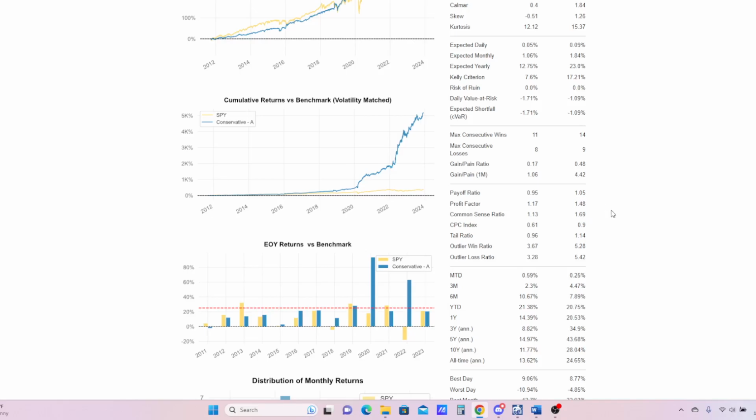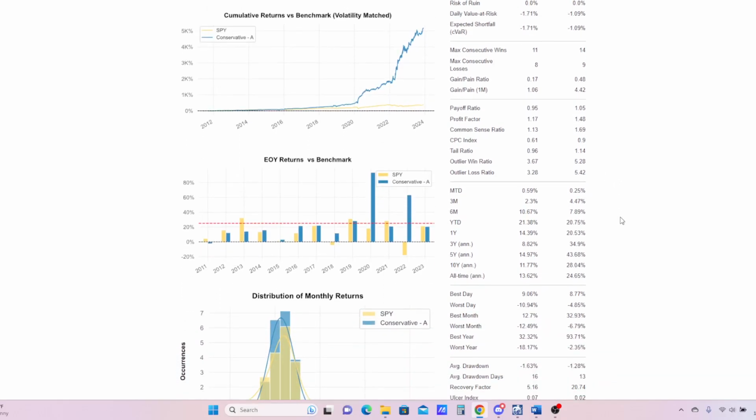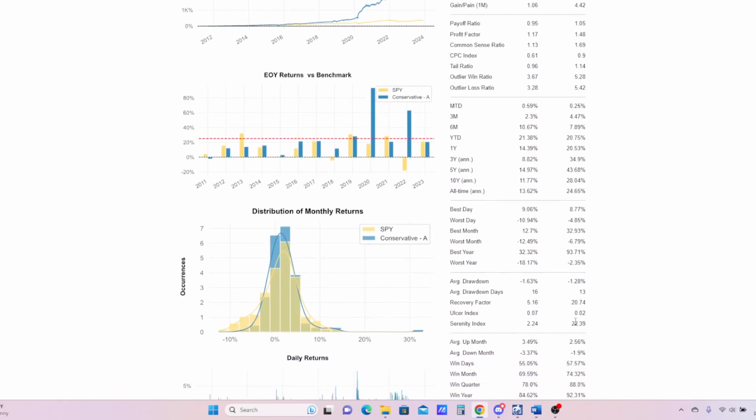And then the other thing, if you like a smooth equity curve, is the Serenity Index. This is, I guess, the amount of volatility and risk involved as opposed to the return.